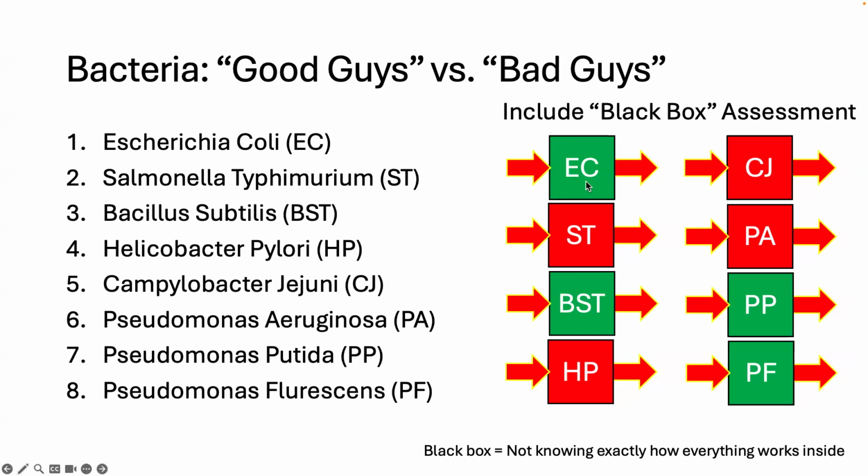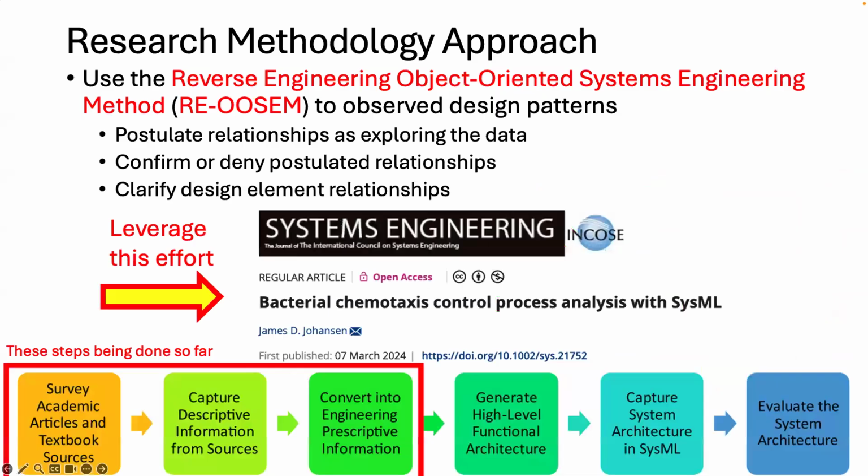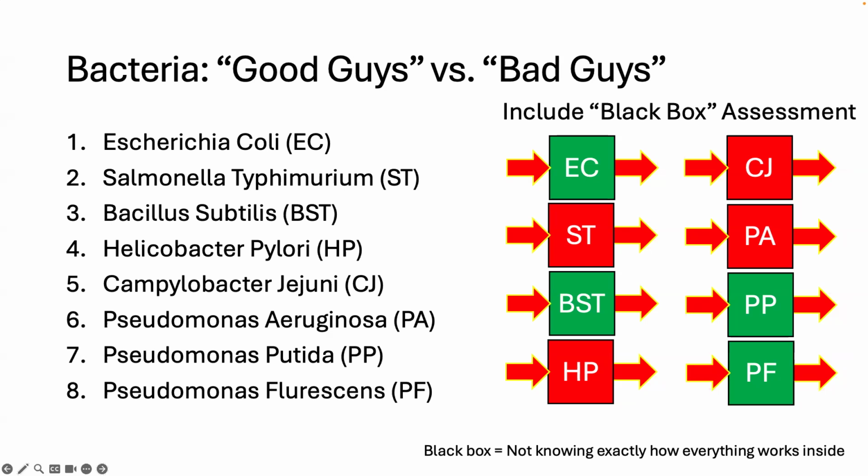So you may not know how everything works inside, but you can be looking at what are the inputs and what are the outputs, and so you can characterize that even though you don't exactly know how everything works. And I think this is a good analogy for what we're doing with this kind of area of trying to do the first handful of steps for this RE-OOSEM method that I had mentioned to you.